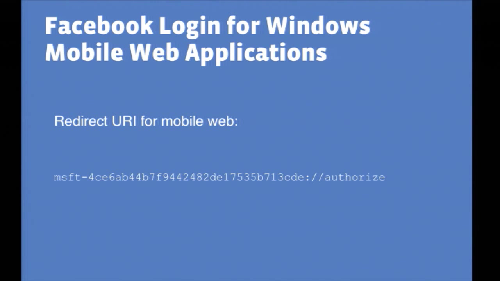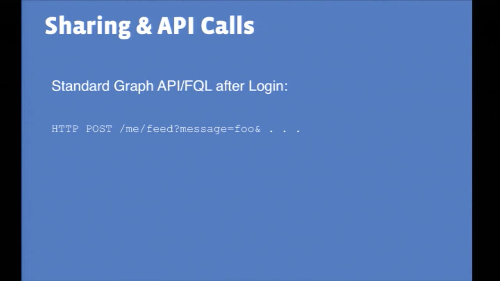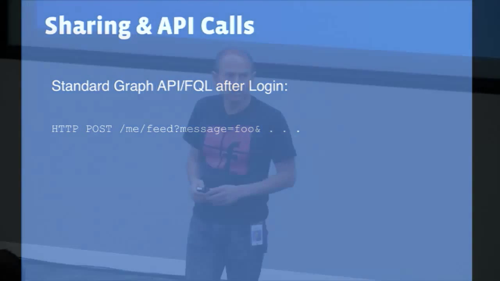So this looks like this, same thing as the other place. You should add authorize after it. There was a bug where we actually always had to have it. It may still be there, I'm not sure, so just to be safe, add it. And then after you get your access token, you can do everything, right? You can build your own native sharing experience. You could do messages, et cetera, et cetera. Everything else after that is just the Graph API.